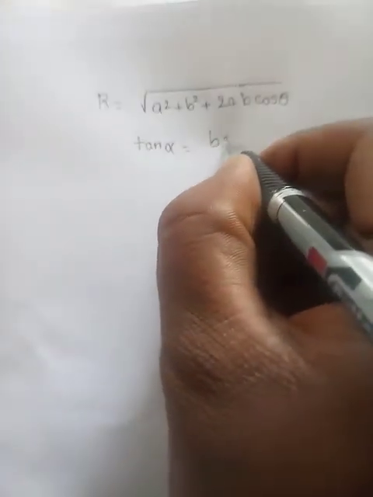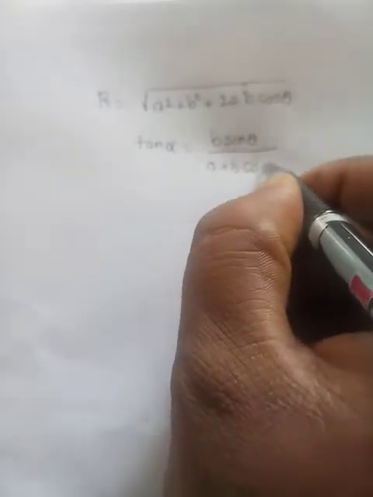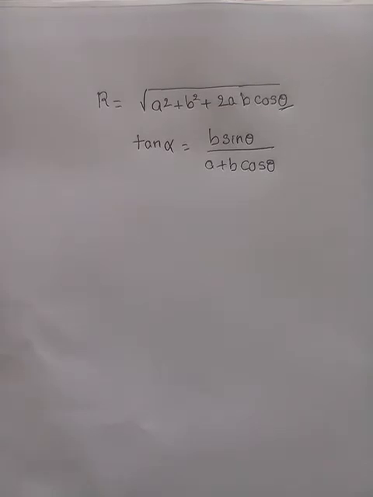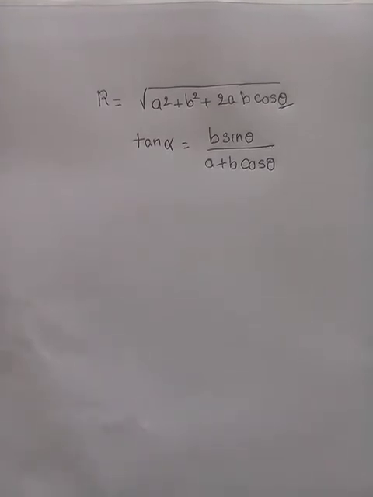By using this formula we can find the magnitude of the resultant of two vectors acting at any angle, and we can find the resultant direction of the vector by using the formula tan alpha equals b sin theta by a plus b cos theta. What is theta here? The angle between the two vectors. We have discussed different cases when the two vectors are parallel, perpendicular, anti-parallel or at any angle.